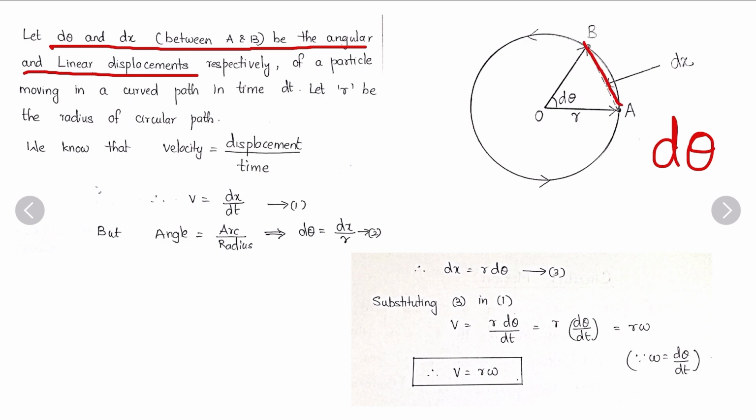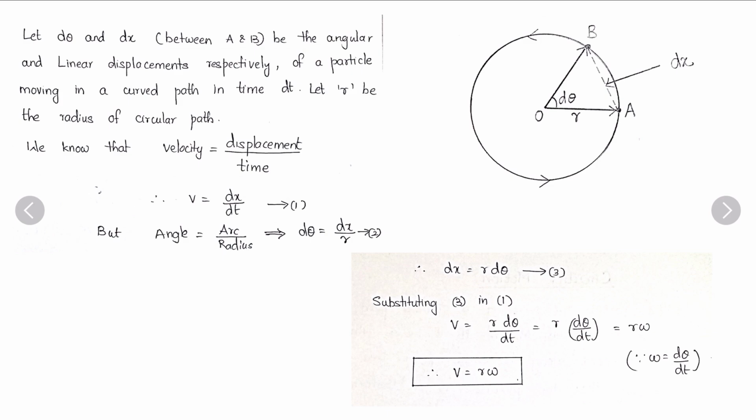Angular displacement is nothing but the angle which it made during the time dt. Earlier it was at A, now it has gone to B. In between A and B, the angular displacement is d theta and the linear displacement is AB, which is dx.